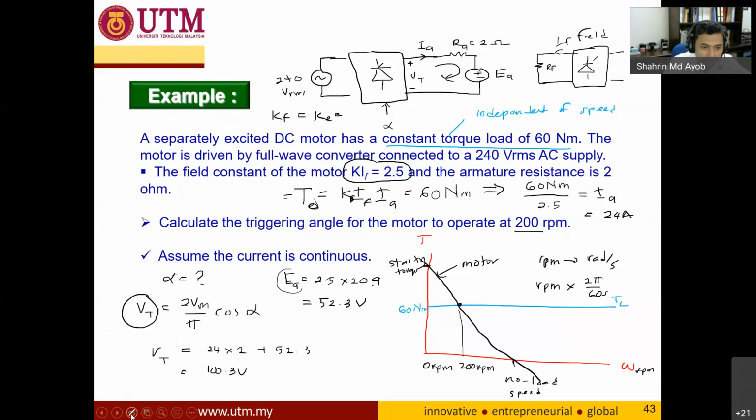And then you substitute 100.3 volts here. Then you can get your alpha.